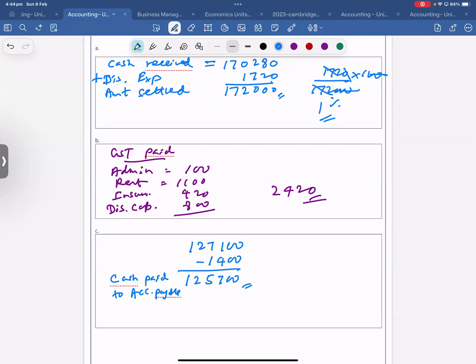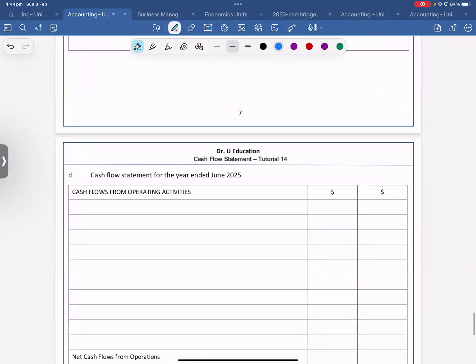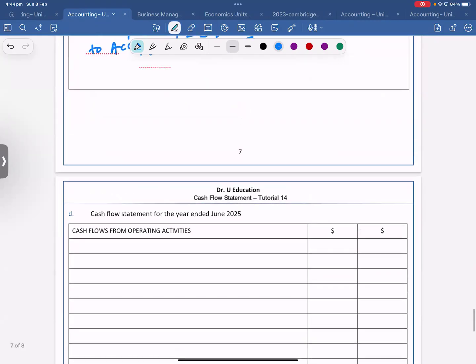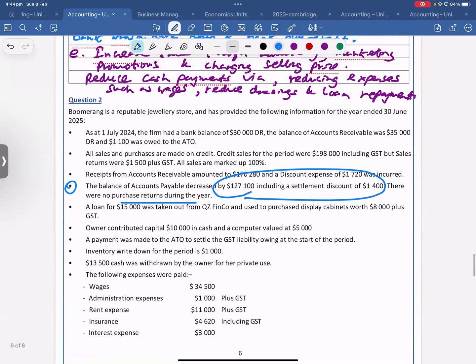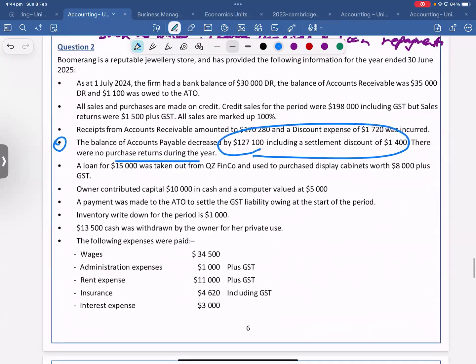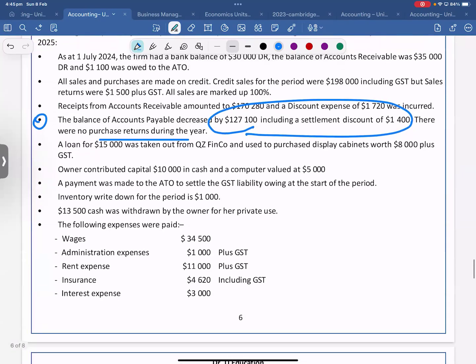Okay, guys, then shall we start the cash flow statement? Opening bank balance was 30,000.